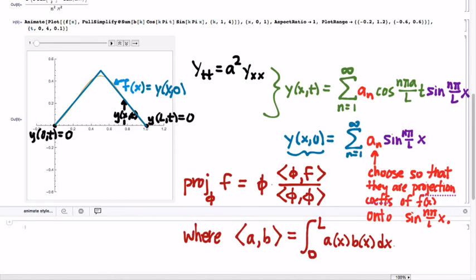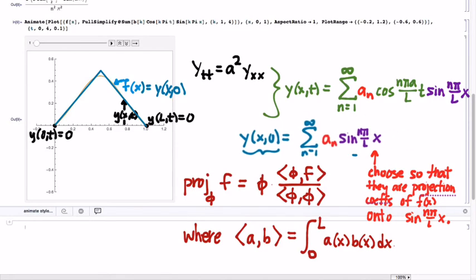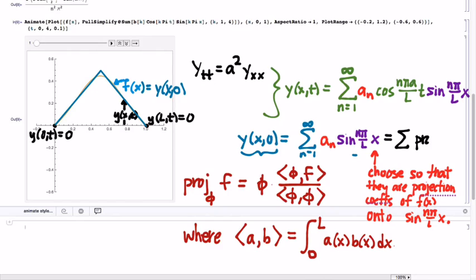And so ultimately what we'd like is to realize y of x and 0 as a sum of all of its projections onto these sines of n pi x over L. So we'd like this: the sum of the projection of f onto sine of n pi x over L, running from 1 to infinity.